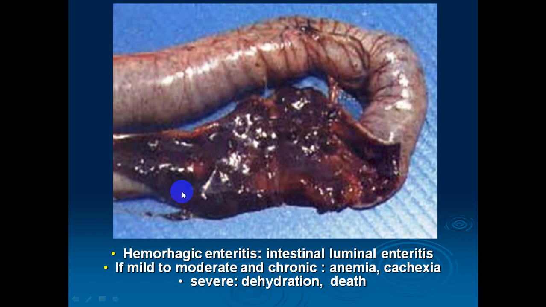Okay, this is, I think, in a chicken due to Clostridium infection, and if it happens over the long term, it can also cause anemia, and because of anemia there will be hypoxia. Hypoxia will cause cachexia. Cachexia means emaciation, a very skinny condition, and if it's severe, it will also cause dehydration that leads to death.